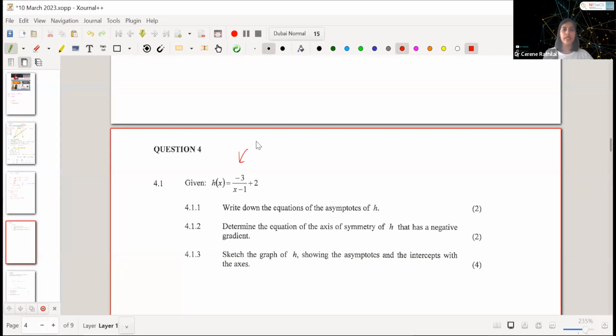And when you learned about hyperbolas in school, you were told that the general form is given by k over x minus p, plus q. If you observe, in this question we have a function that is described precisely in that form.